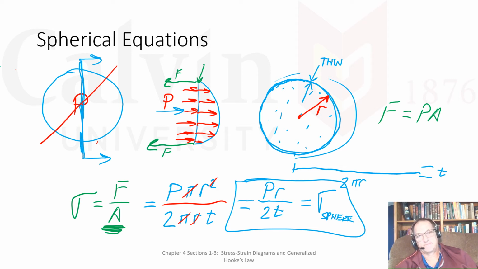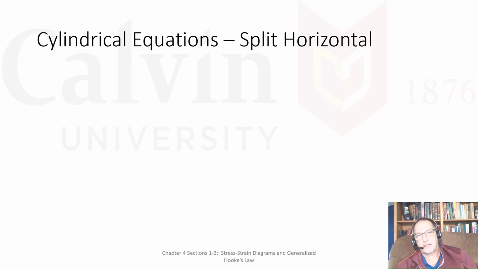Let's keep going. Let's look at a cylinder or the cylindrical equations. And in order to do that, we're going to draw my cylinder. And really what a cylindrical pressure vessel is, let's try it again.